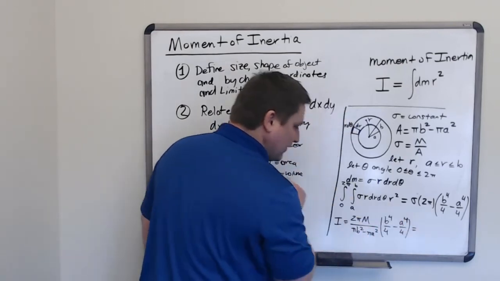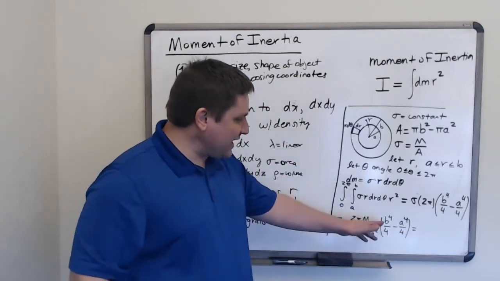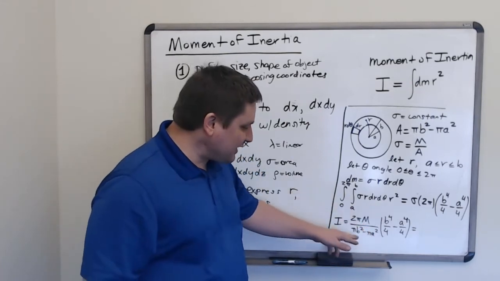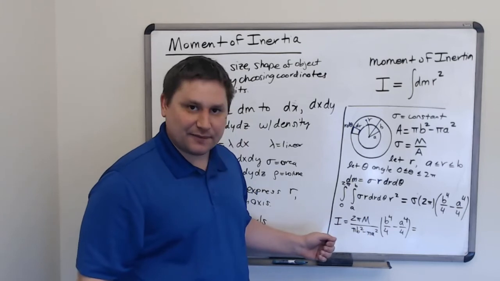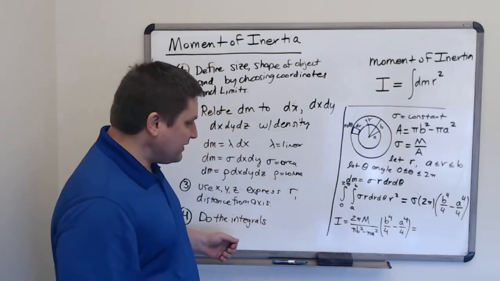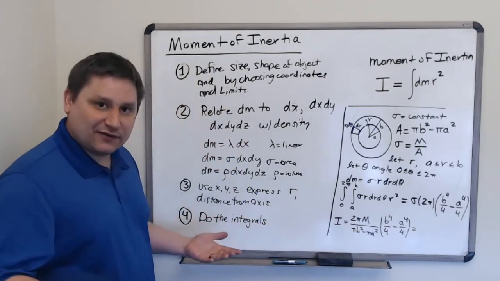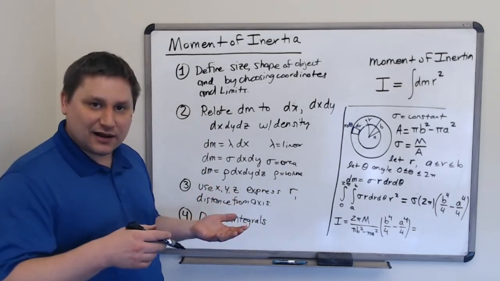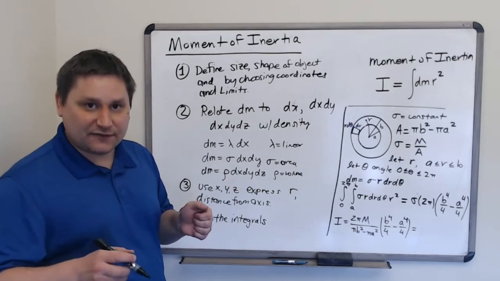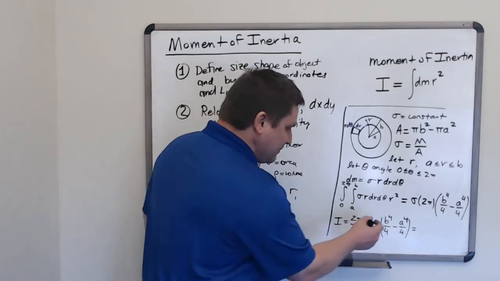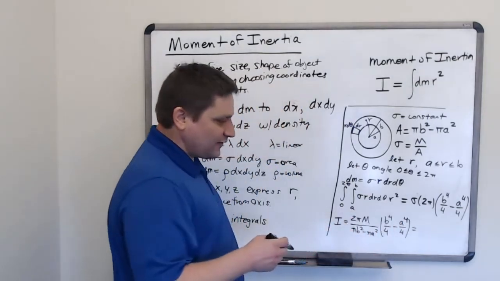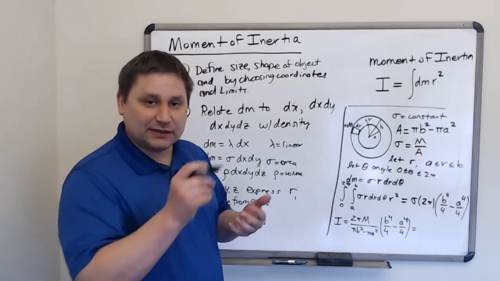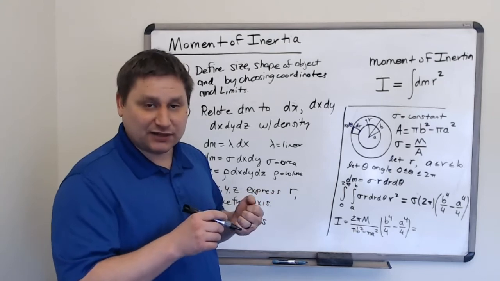That was a to the 4th power. In the numerator here, we have b to the 4th minus a to the 4th. And in the denominator, we have b squared minus a squared. Now, when you have the difference of two squares, that can always be written as the sum of the two values times their difference. So this b fourth minus a fourth can be interpreted as b squared minus a squared multiplied by the quantity b squared plus a squared.